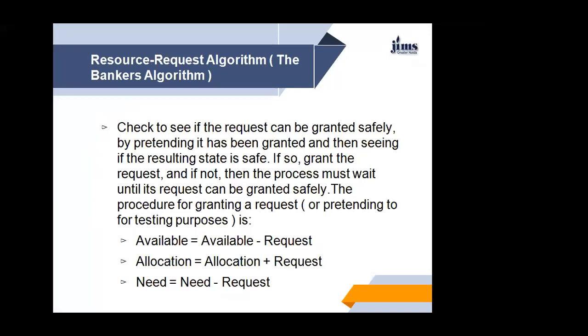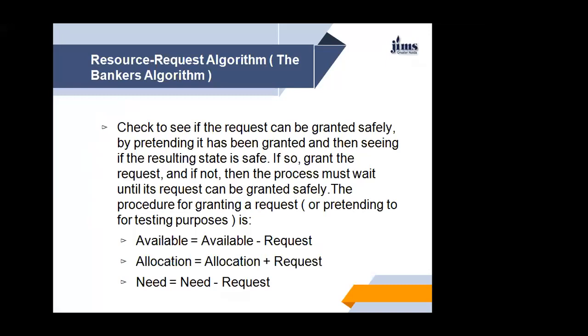Check to see if the request can be granted safely by pretending it has been granted and then seeing if the resulting state is safe. If so, grant the request, and if not, then the process must wait until its request can be granted safely. The procedure for pretending to grant a request for testing, these 3 lines, is very important.